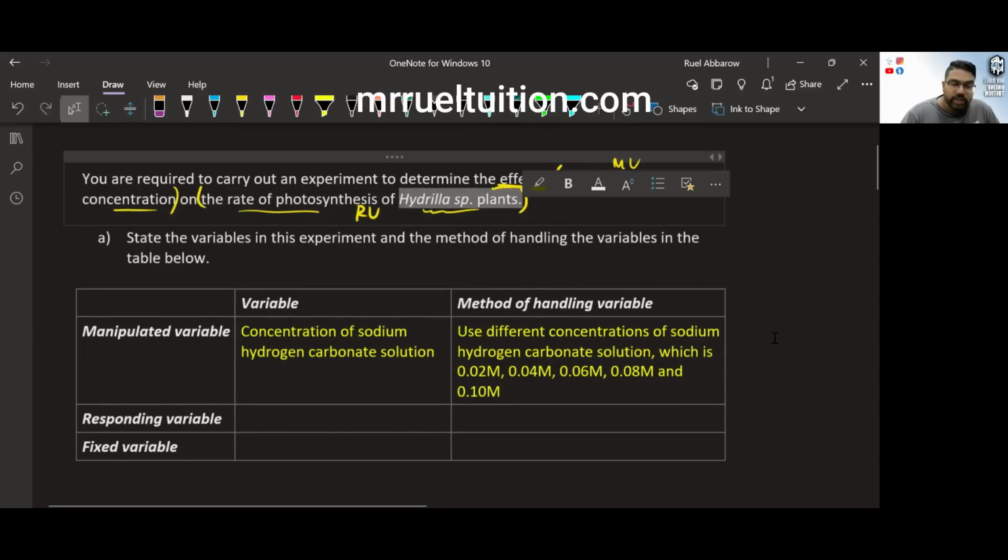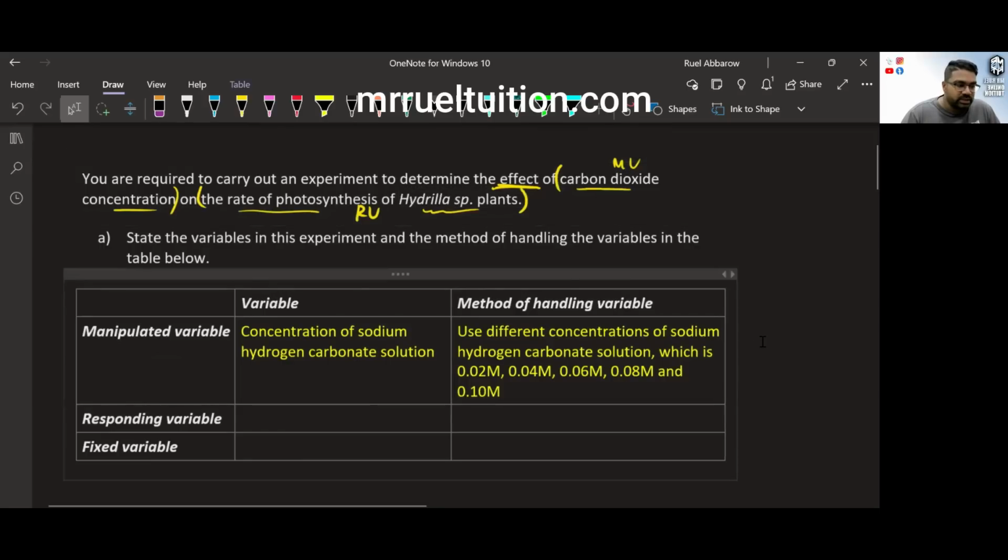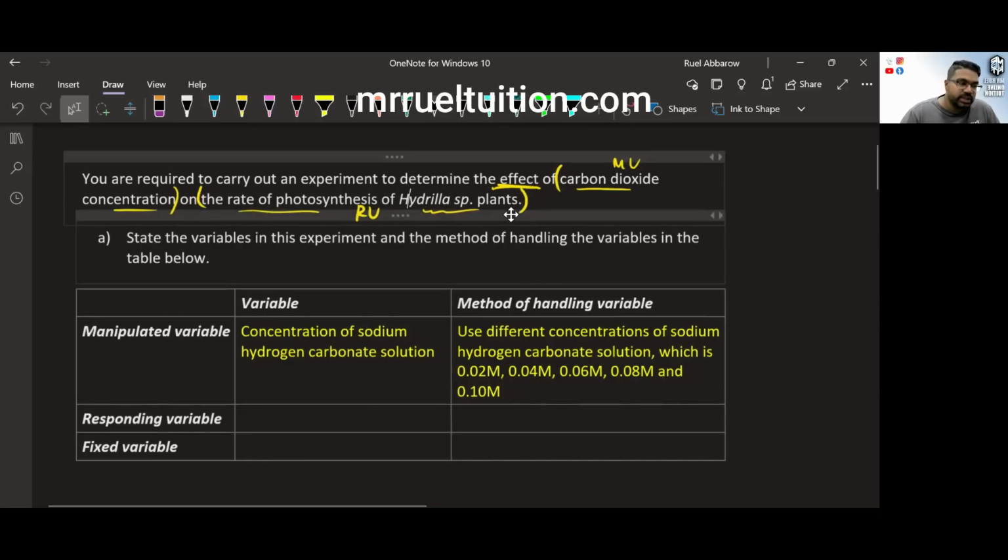It lives in water. So when photosynthesis is taking place, it uses up the carbon dioxide in the water and produces oxygen. So this oxygen that is released, we can see the oxygen being released as colorless gas bubbles.